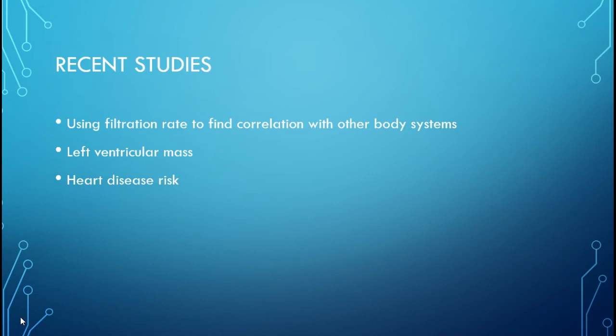These systems are intertwined, and any changes made in one area are going to cause changes in another. So looking at the correlations helps us treat patients in a more efficient and effective manner, and provide more unique treatments for each patient, because one treatment may work for one person but may not work for another person.